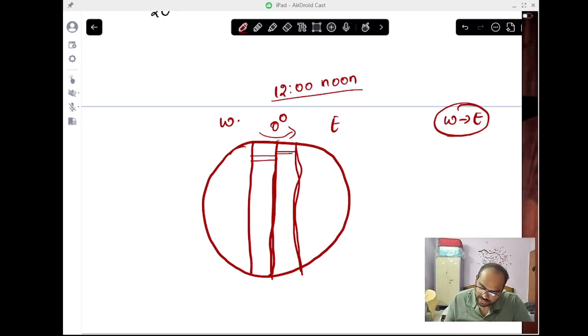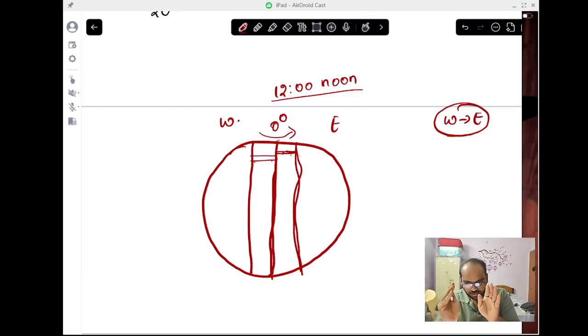From 0, east would be ahead and west would be behind. Why would east be ahead? As Earth is moving from west to east towards the sun, this would be ahead. It is moving forward. That means from west to east, the east part is moving forward, the west part is falling behind. So we can say that east is ahead, west is behind.